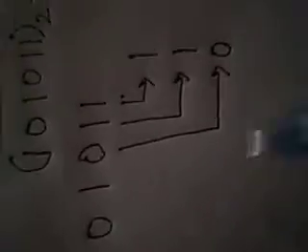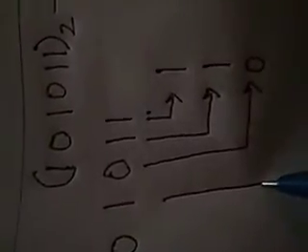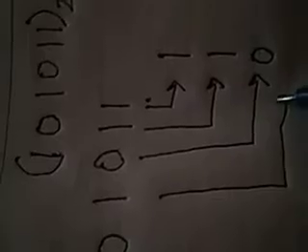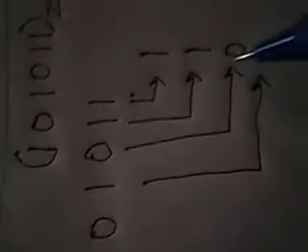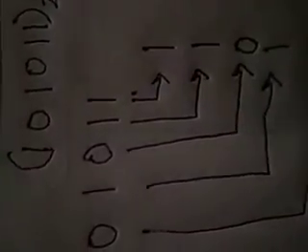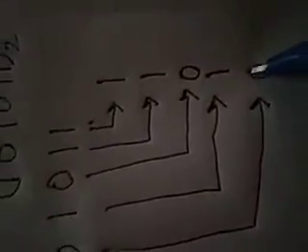Again below this write this digit, 0. Again use this digit, which is 1. Now use this digit, this is 0. Then use this digit.